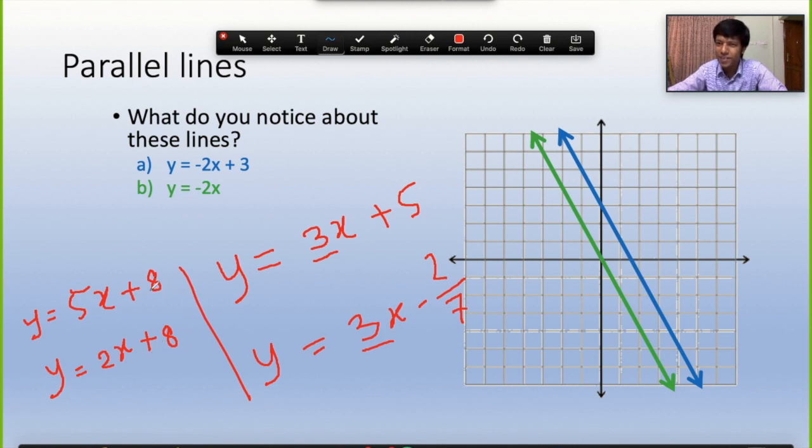Are they parallel? Maybe? No, the answer is no, because their slopes are different. So these two are not parallel. The earlier two are parallel. The y-intercept being the same is something we don't care about. Many lines can have the same y-intercept, but they are not parallel. To be parallel, what has to be the same? Slope. The slope has to be the same.